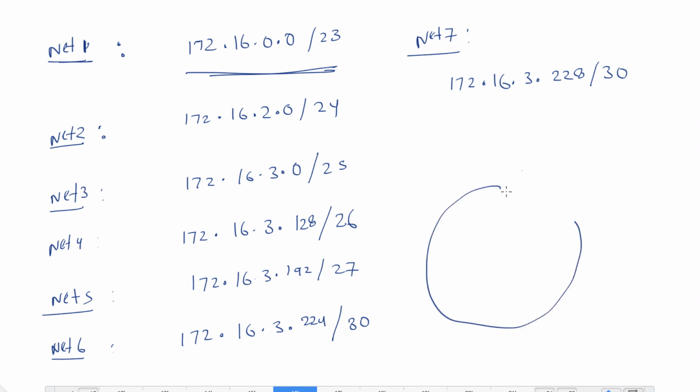I first divided it into 2 power 7 networks. Out of those, the first subnetwork is completely consumed, which is for network 1, and I divided this block further into 6 other parts, from net 2 to net 7. The other 2 power 7 minus 2 blocks are still unused. I hope you got the idea. So this is about subnetting.